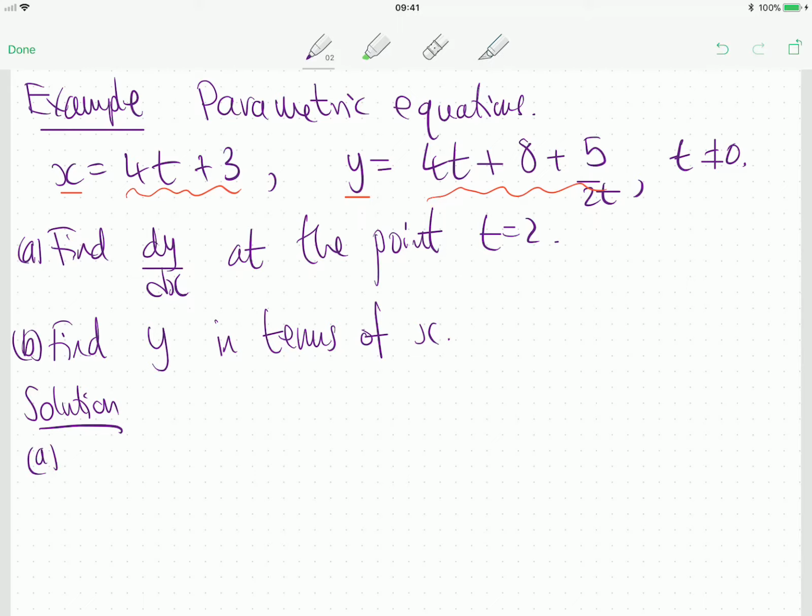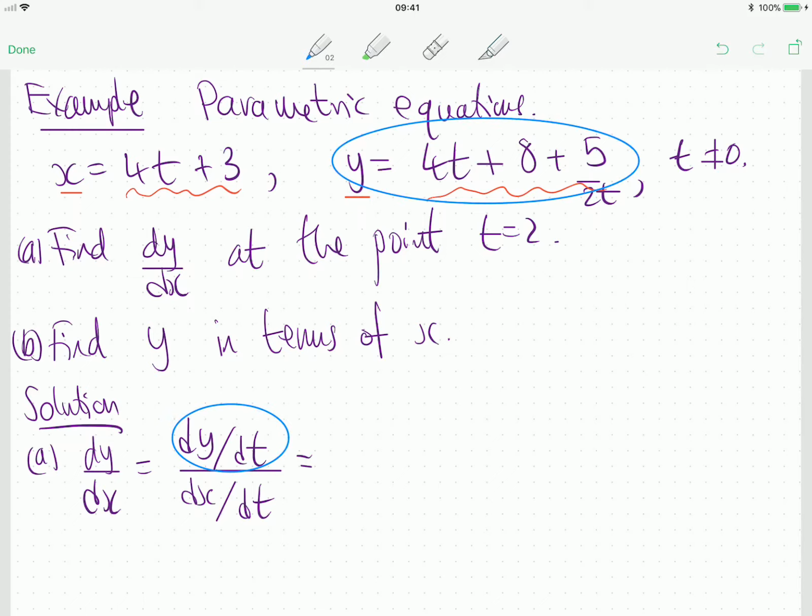Okay, so part A, find dy/dx. Well, there's a nice rule for this. dy/dx is the same as dy/dt divided by dx/dt. We've got x and y both in terms of t, so we can jump straight into some differentiation. Let's start with the top. Differentiate y with respect to t.